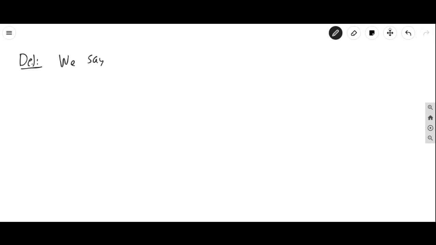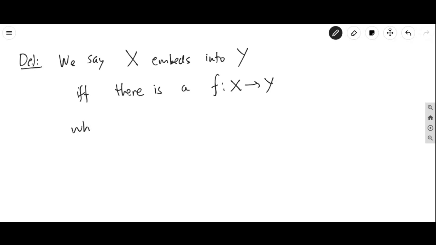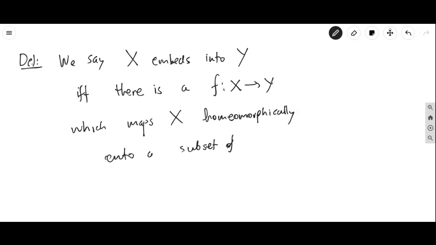So we say X embeds into another space Y if and only if there is a map which maps X homeomorphically onto a subset of Y. So it's a homeomorphism of X into a subset of Y. So it's not a homeomorphism with Y, it's a homeomorphism into a subset of Y.